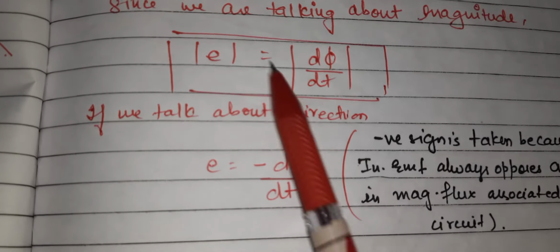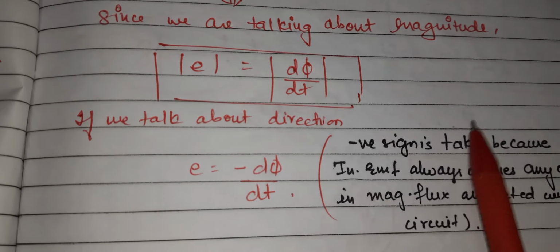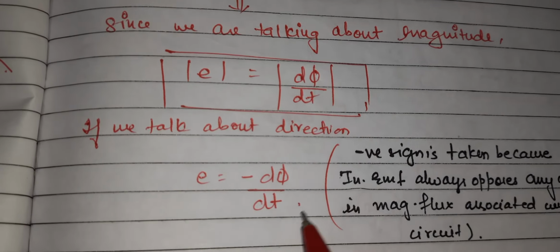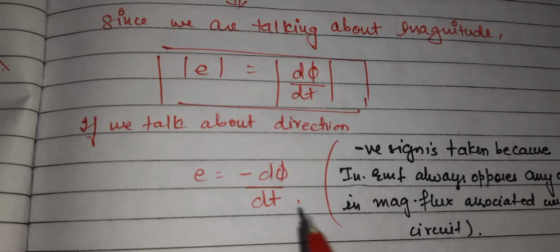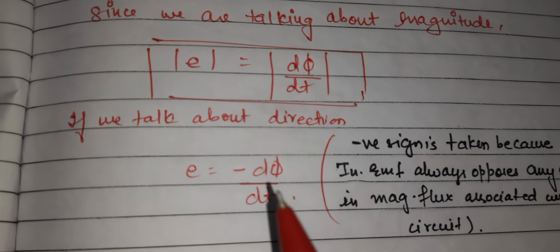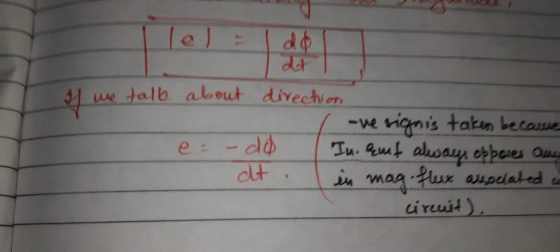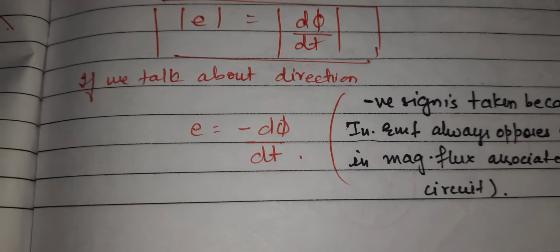Suppose the magnetic field is increasing in the east direction, so our EMF will be induced in the west direction. Whatever quantity is producing it, the EMF will always oppose that quantity. So this is all about the direction of the EMF, which was introduced by Lenz.